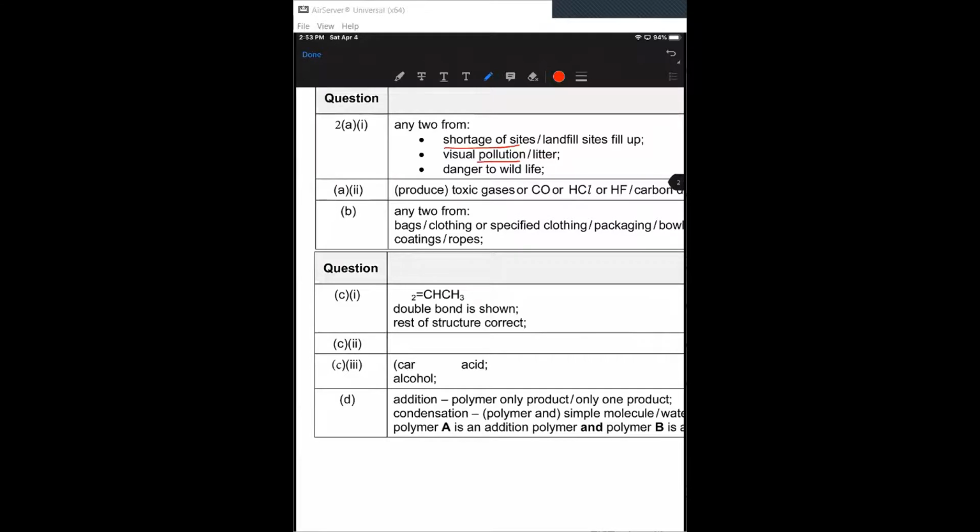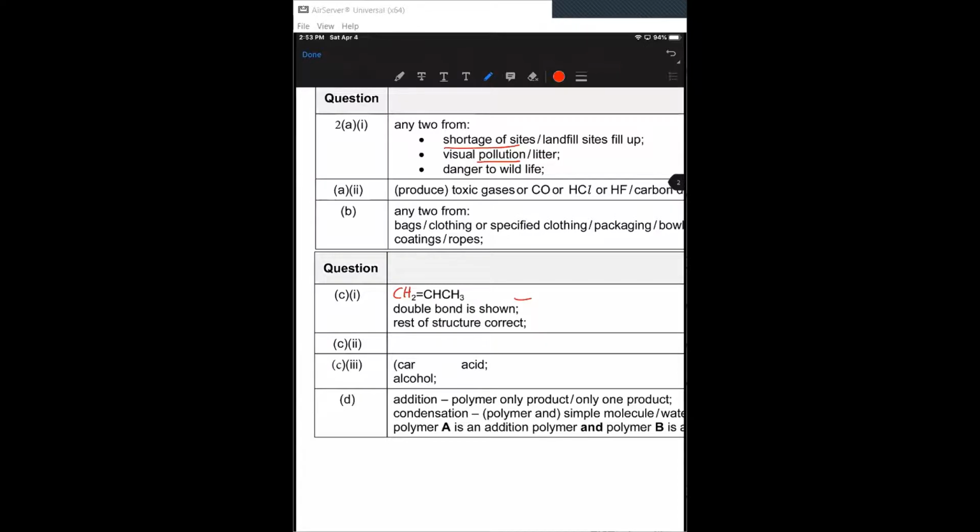Then C part. C part says the structural formula of synthetic polymers are given below. Draw the structural formula of the monomer of polymer A. So you can see there are 3 carbons in the repeating unit, so it will be CH2 double bond CH, then CH3.